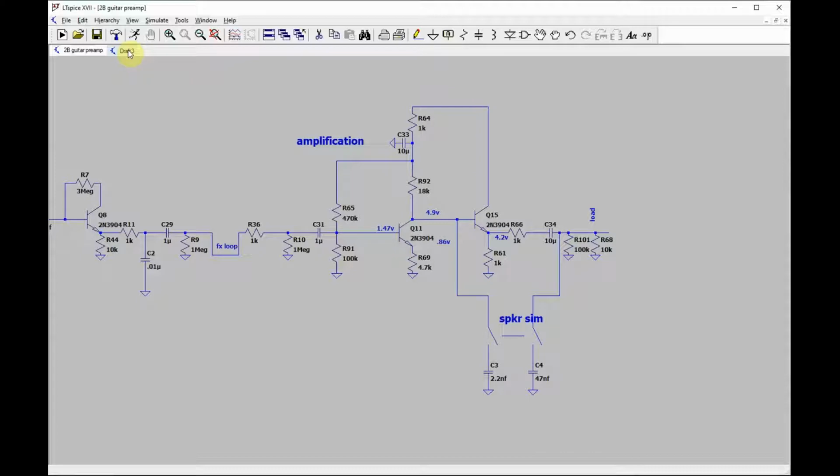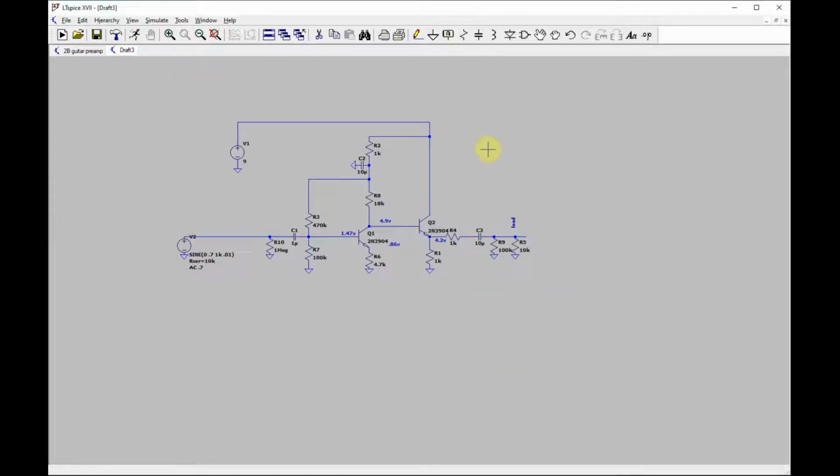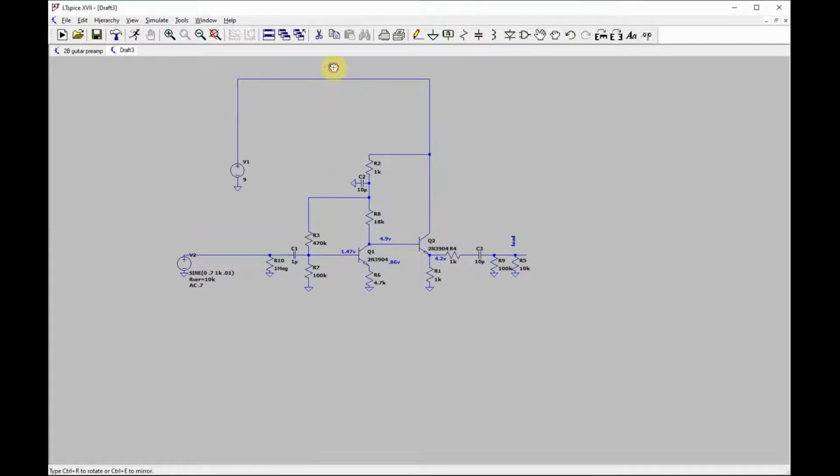So, there's this trade-off between the input and the output voltage, and we'll talk about this more because there's so much about building these simple Class A amplifiers that people don't talk about, and I'm going to try and get to some of that because there's really a lot there.